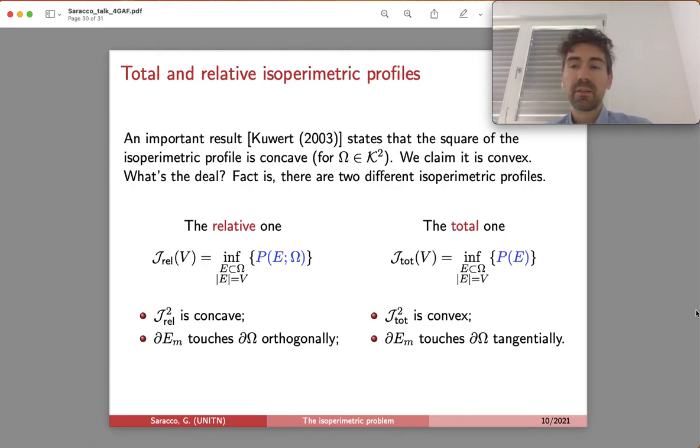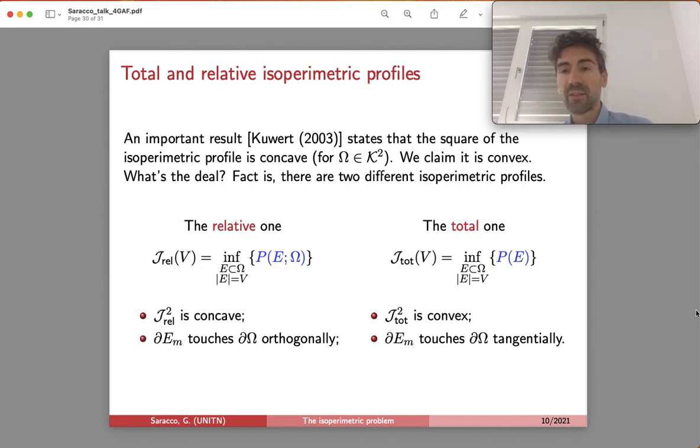And this different choice gives rise to different behaviors. As I told you, in the relative one, this is the result by Couvert, you get that the square of the profile is concave. In our case, the square is convex. If you want, this is some sort of analytical difference. Then we have a geometrical difference. In the first case, if you take a minimizer, it is known that its boundary touches the boundary of the box in an orthogonal fashion.